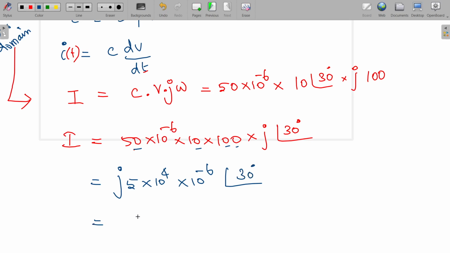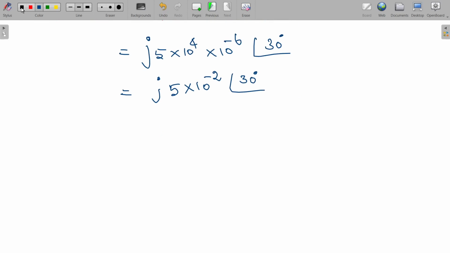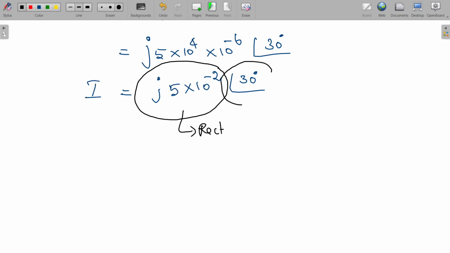So this is equal to j into 5 into 10 power minus 2, angle 30 degrees. This is actually your I, and this one is representing the rectangular form.